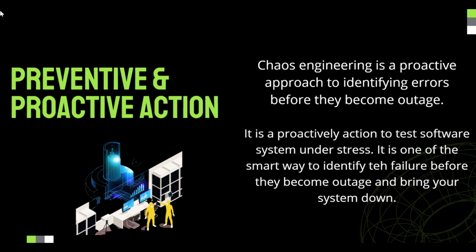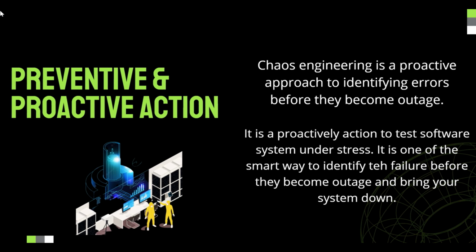Chaos engineering makes such a facility available where we can test our software directly on the production grade system, so there won't be any last minute surprises, right? It is a proactive action to test a software system under stress.